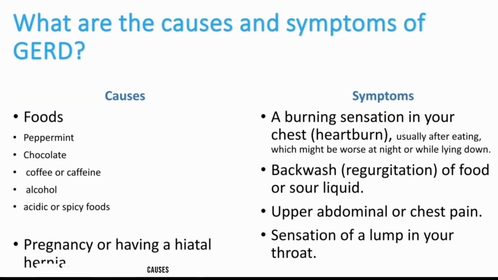Now, what are the causes and the other symptoms related to gastroesophageal reflux disease? Well, the causes may mostly be related to foods that we are having. So, peppermint, chocolate, anything related to caffeine, alcohol, and acidic or especially spicy foods may affect us. And also, pregnancy or having a hiatal hernia may cause the reflux to become pathological.